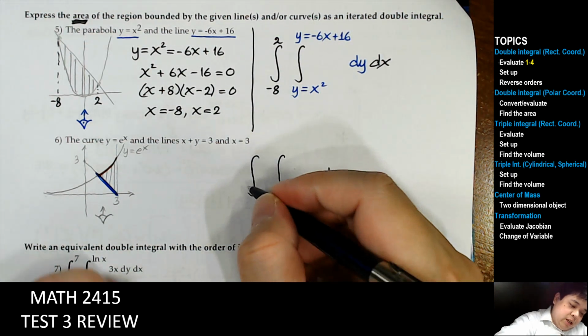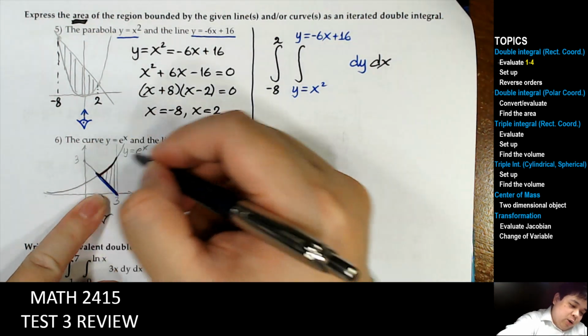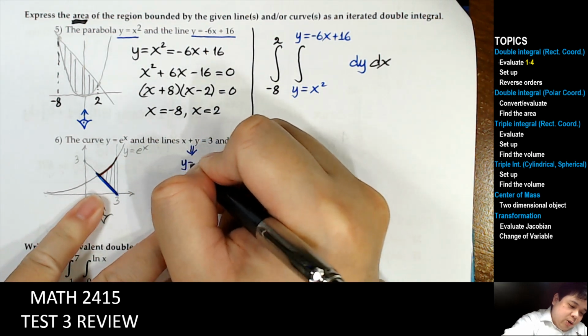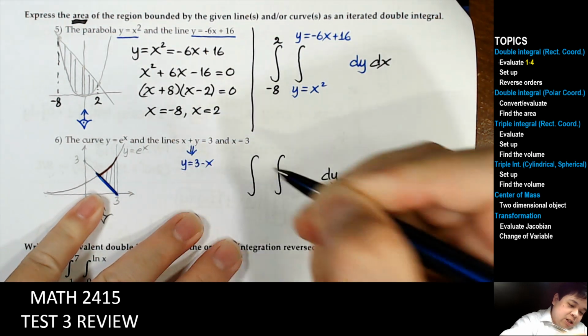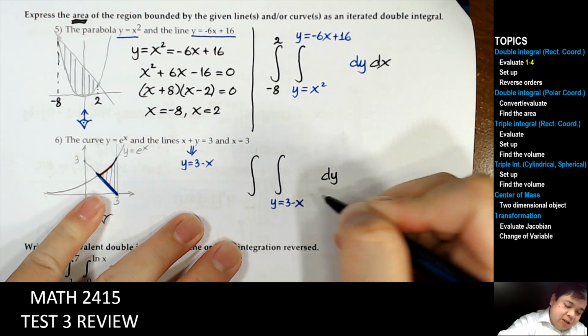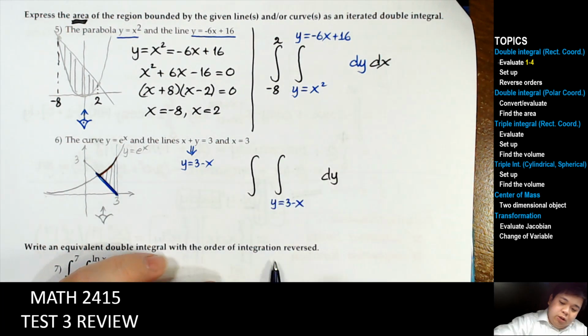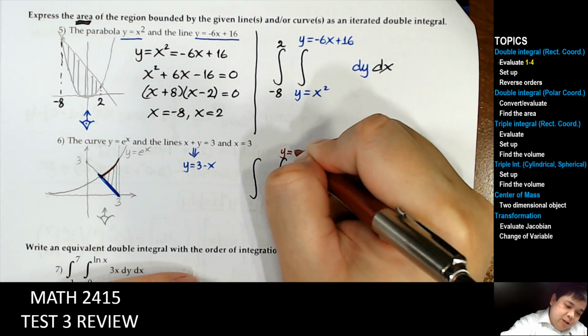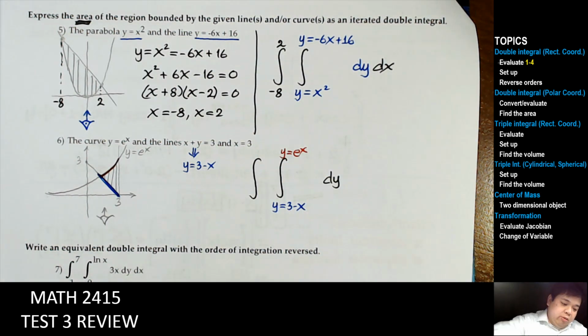The first thing we'll see is this line. By the way, x plus y equal to 3, so y is equal to 3 minus x. So we're going to go from 3 minus x to e to the x. So that is the limit for y.